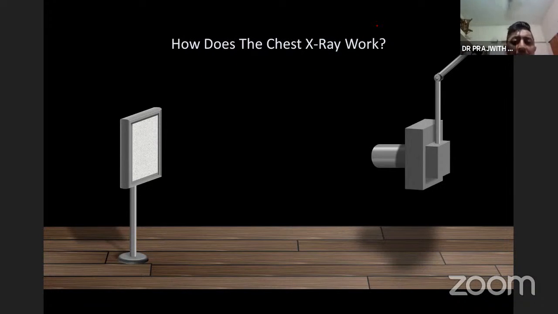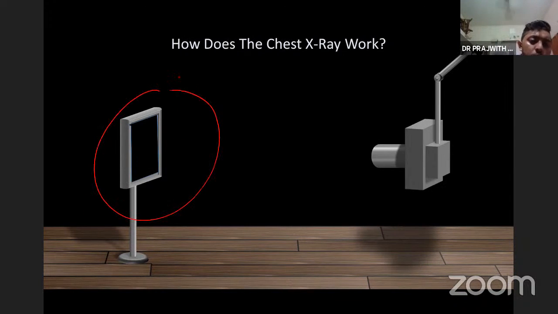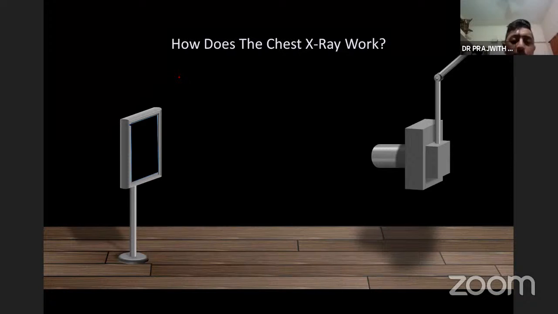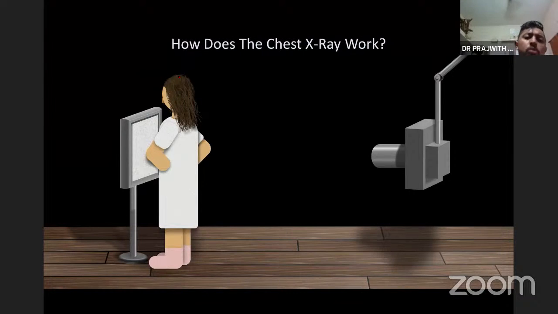Now whenever the X-ray goes and hits this film, see, it turns black. So the X-ray film turns black. Now this is how the change in the color of the X-ray film happens, and the entire film can be turned black when there is complete exposure. Now, imagine if there is a person standing in between. Now, what will he do?